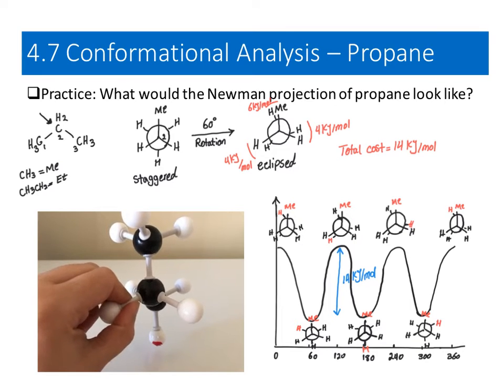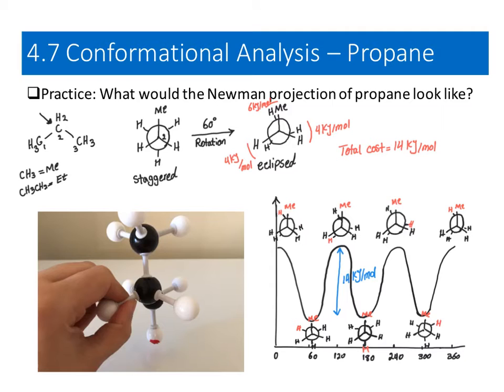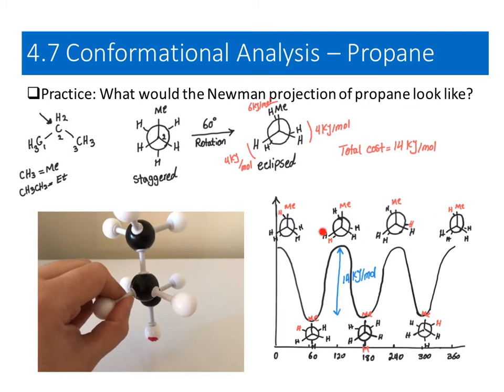But as you can see, all of these eclipsed structures are identical. I just marked the hydrogen for you to make it easier to follow, but this is hydrogen, this is not another atom. So all of them are identical and they are less stable than the staggered form for propane.